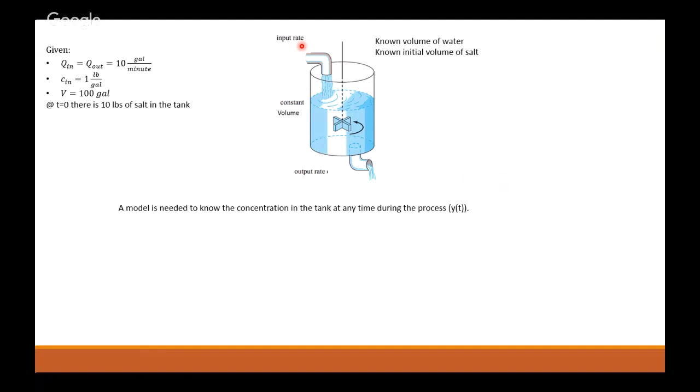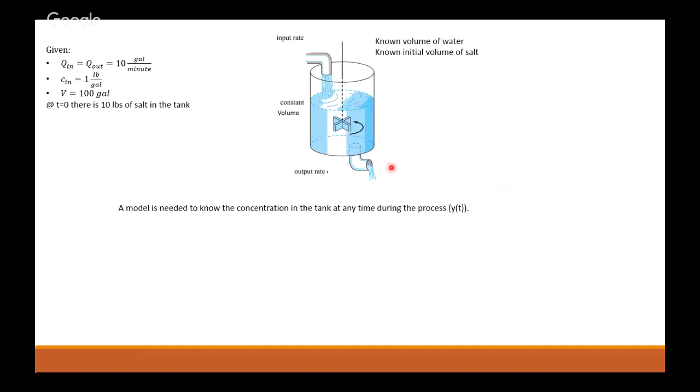So let's say you've got a dye or a sugar or a salt or some chemical that you're trying to enrich or deplete from the tank. This lets you know exactly how much you're putting in and at what concentration. So mass, weight per gallon, or some substance per unit volume of fluid going into the tank.